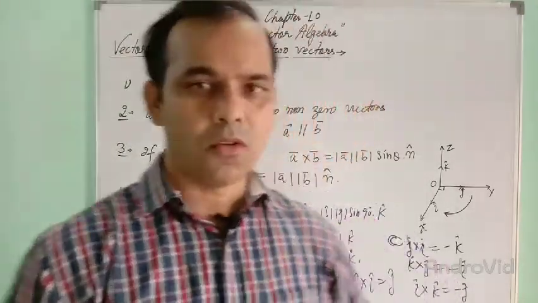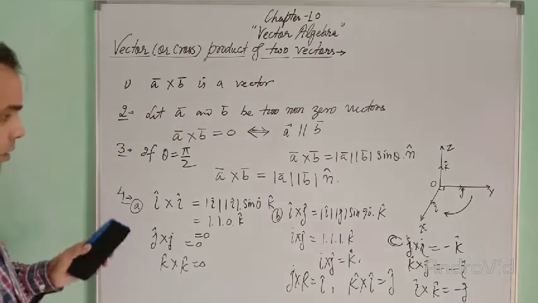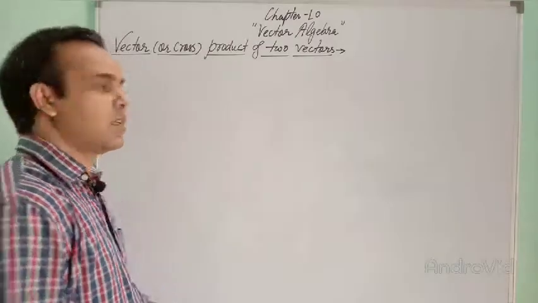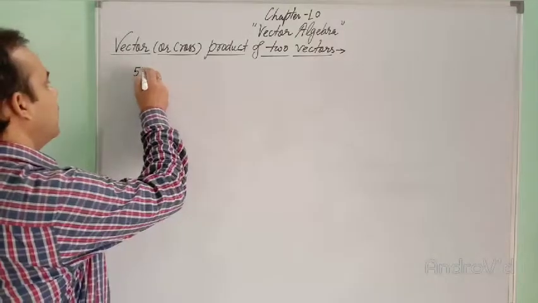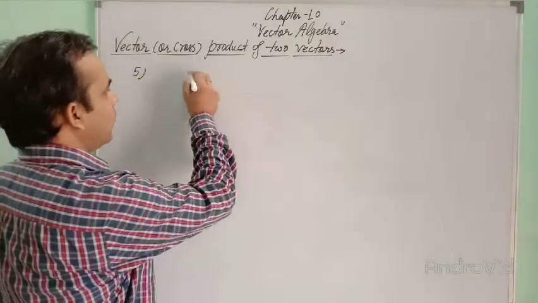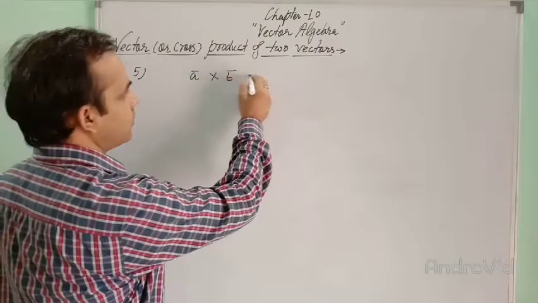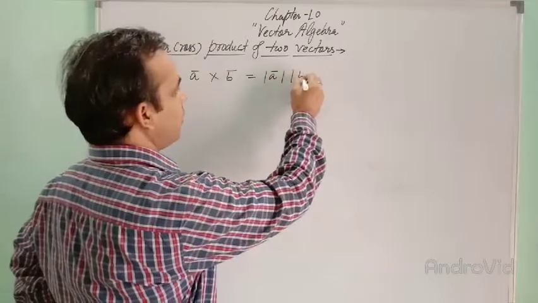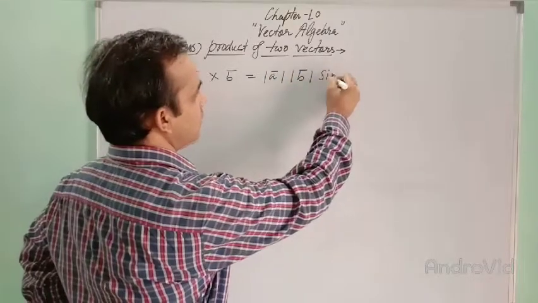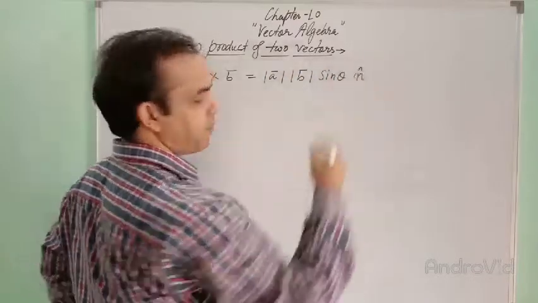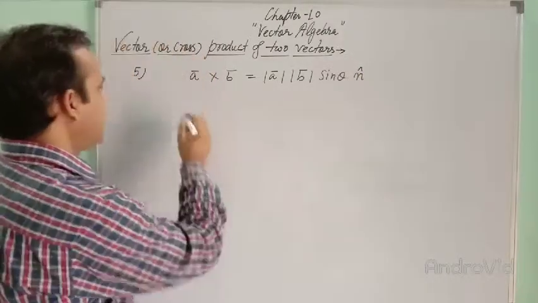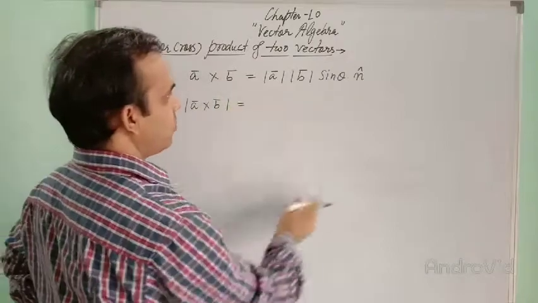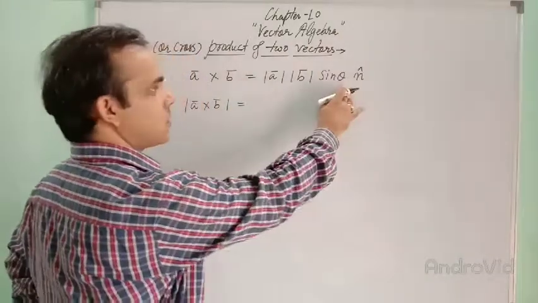Now I will discuss some more properties also here. So now let's discuss the next point. Suppose A and B are two non-zero vectors, then A cross B equal to magnitude of A, magnitude of B, sin theta n cap. Then the magnitude of A cross B will become equal to magnitude of this.